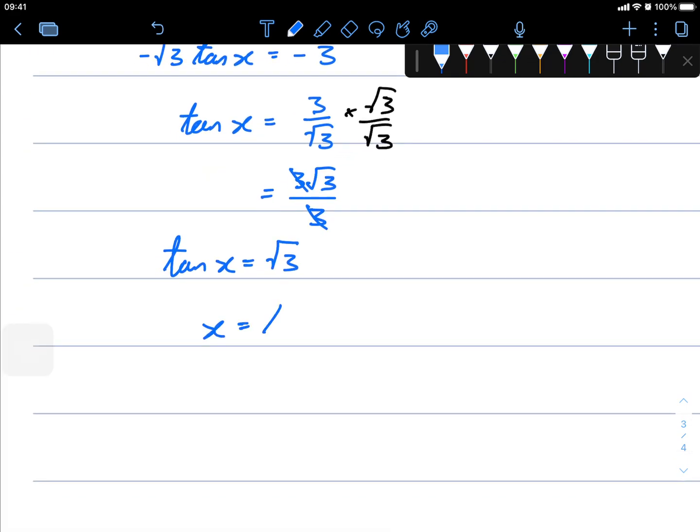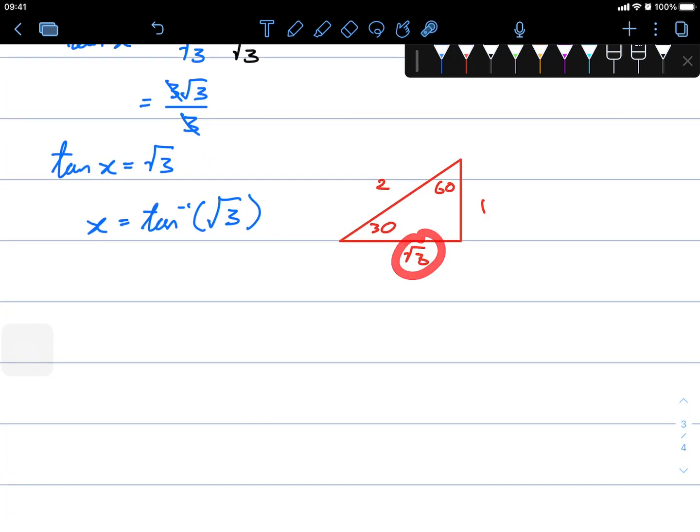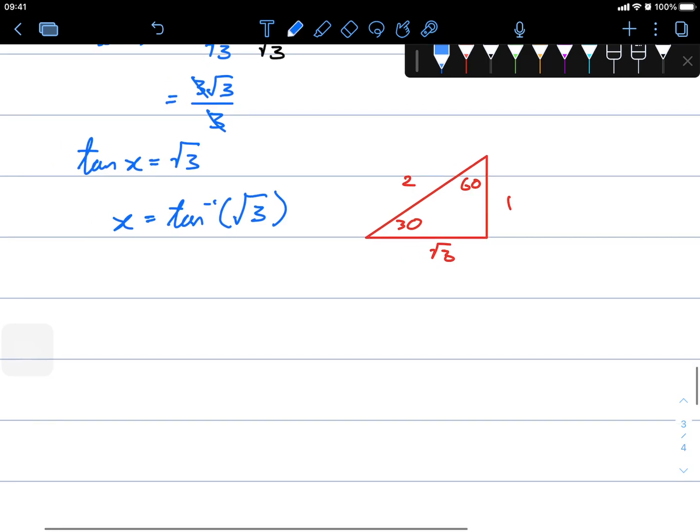Solving for x, inverse tan of root 3. You can try typing that into your calculator, but if you can recall your exact triangles again, exact ratios, 30, 60, root 3, 1, and 2. If you take a look, root 3 is root 3 over 1. That's opposite over adjacent. So in this case, x is going to be 60 degrees. But remember, this is a positive root 3.